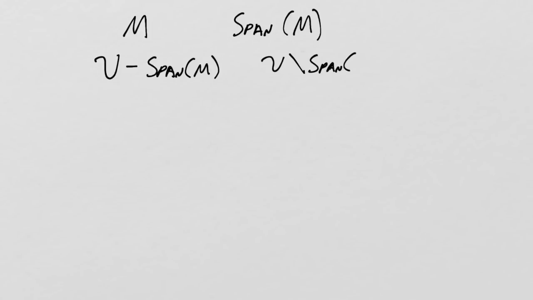Well, let's say M is our maximal element. That's a maximal element of our set. Now consider the span of M. Now in principle, the span of M should be V, but let's say it's not. Then we can consider the set V minus the span of M, or in more precise set theoretic notation, it'd be something like V, backslash, span of M, right, like that.